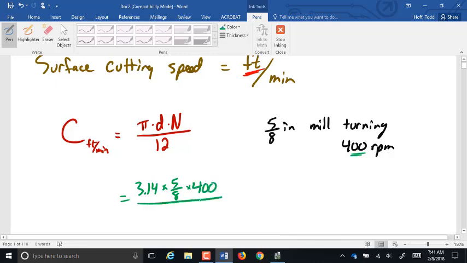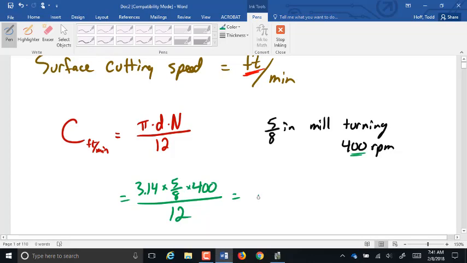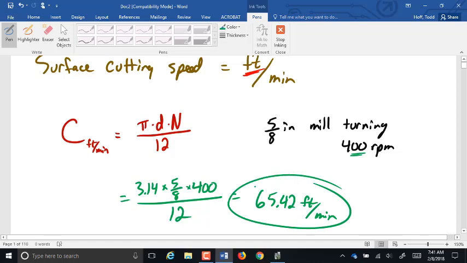And of course, divided by 12. 3.14 times 5/8 times 400 divided by 12. We get 65.42 feet per minute is our surface cutting speed. That's actually pretty slow. Most of your materials are up around 100, 120, aren't they? I've got the table. I never have them memorized.